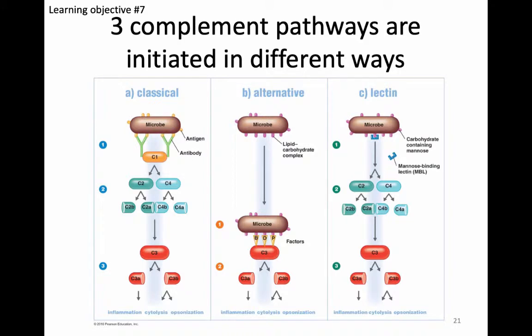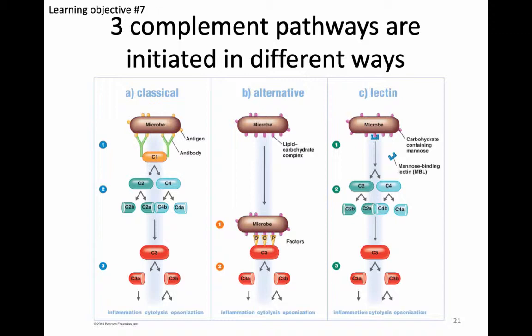Shown in this figure are the three ways that the complement pathways can be initiated. Complement pathways are orchestrated by several proteins that are produced by the liver and circulate throughout the host in the blood. And these proteins are named C1 through C9.